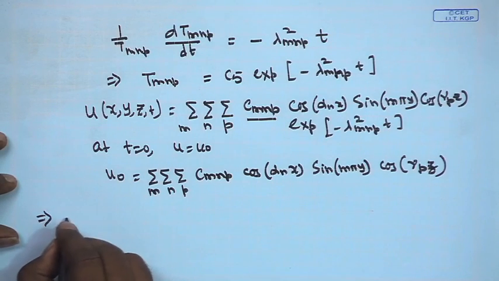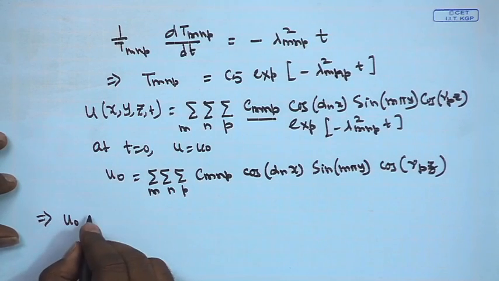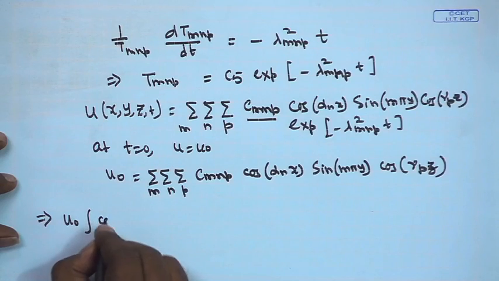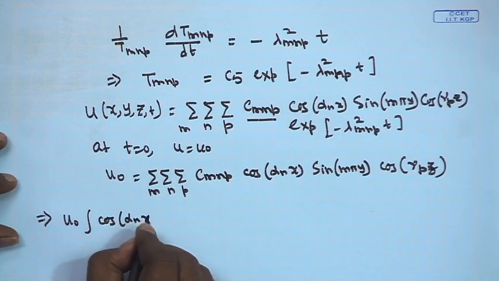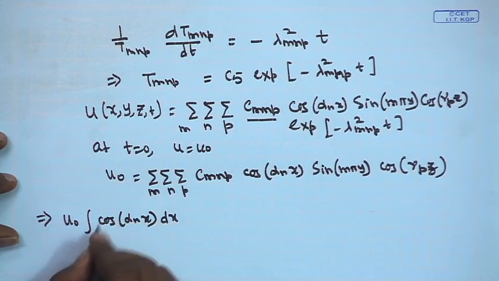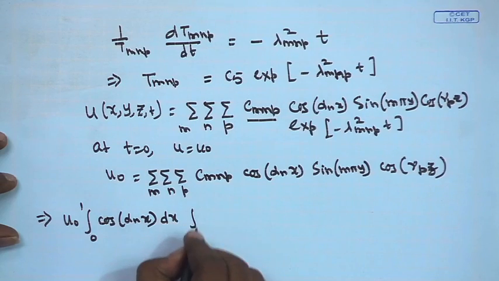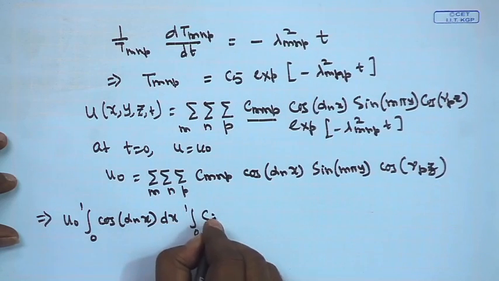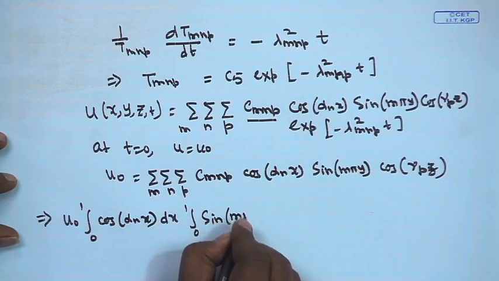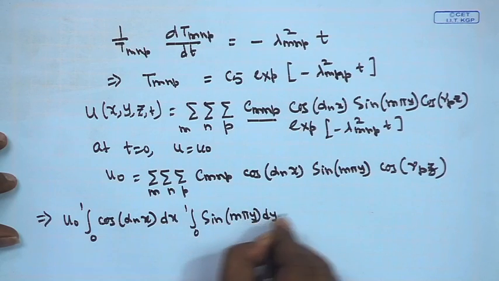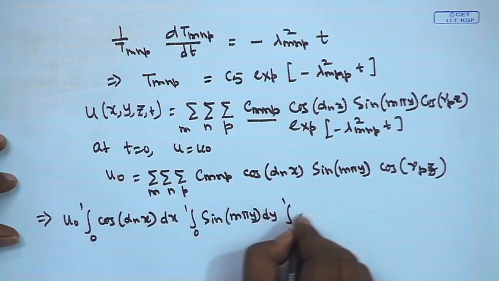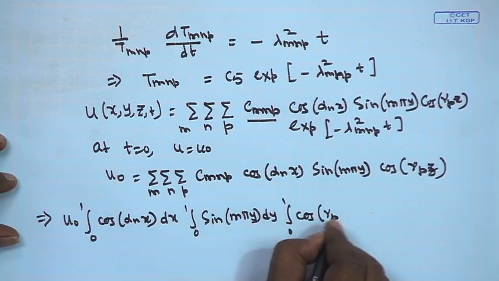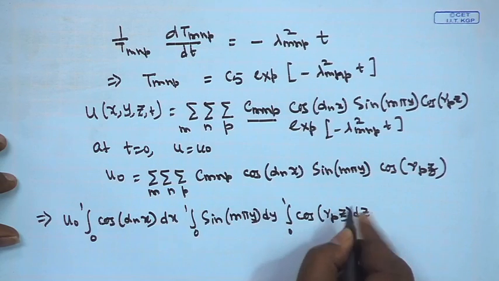solution for C m n p as u naught times the integral of cosine alpha n x dx from 0 to 1, multiplied by the integral from 0 to 1 of sin m pi y dy, and cosine gamma p z dz, on the left hand side.